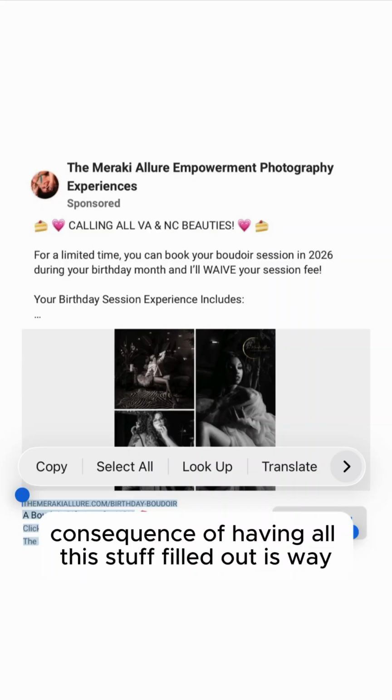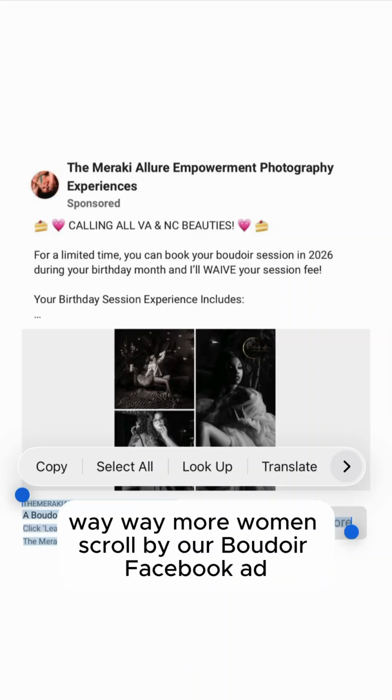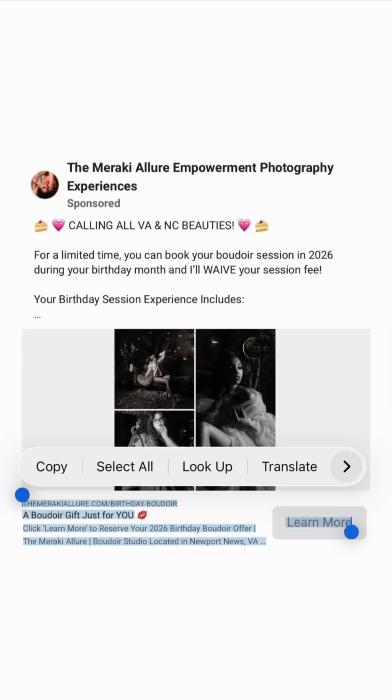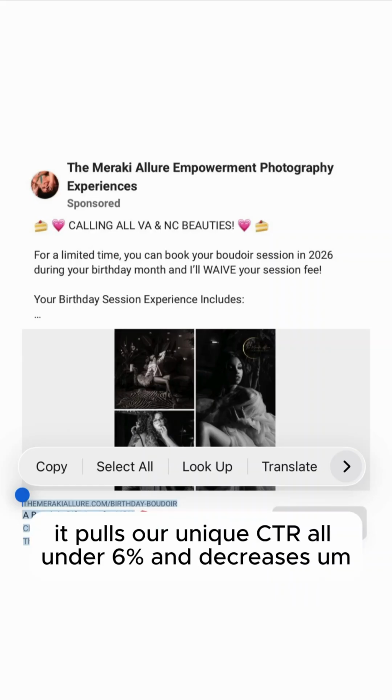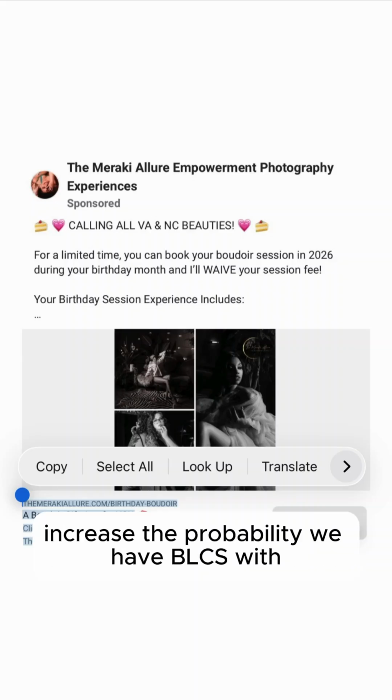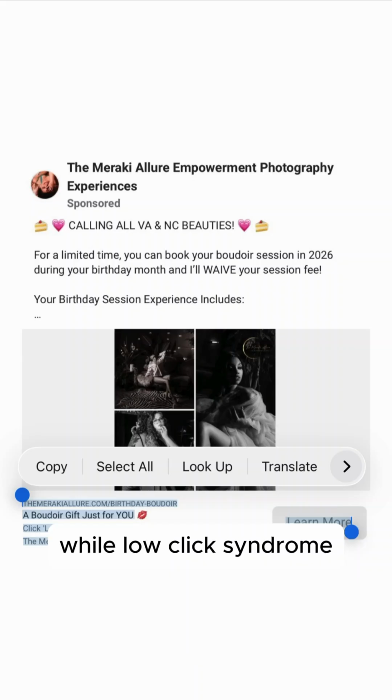So a consequence of having all this stuff filled out is way more women scroll by our Boudoir Facebook ad. And as a result, it pulls our unique CTR under 6% and increases the probability we have BLCS, Boudoir low click syndrome.